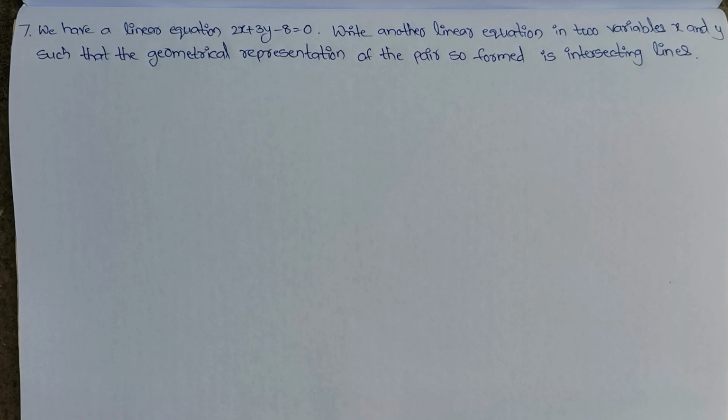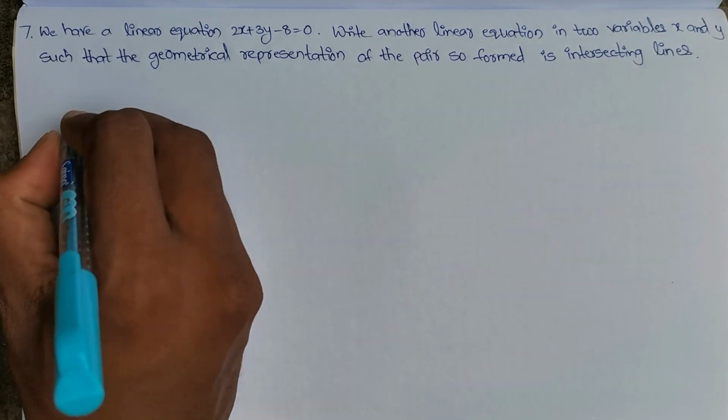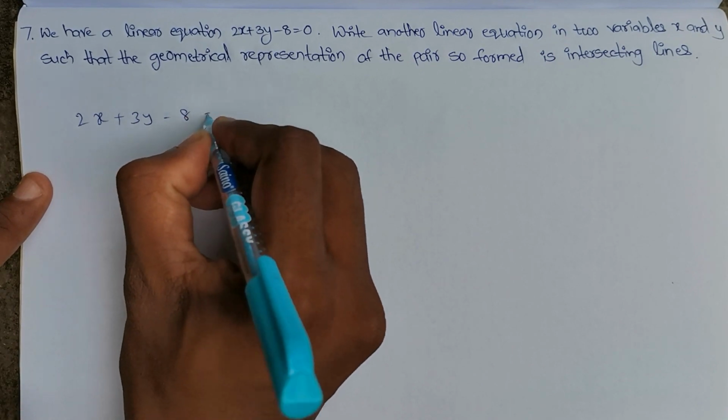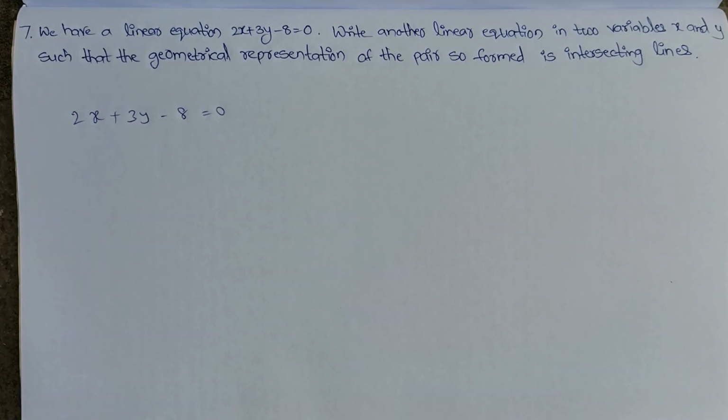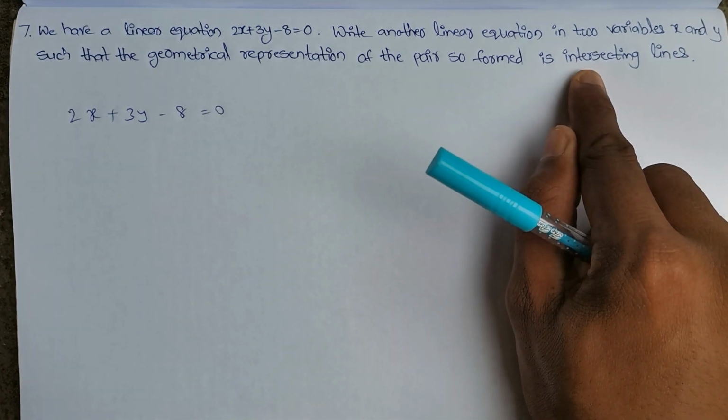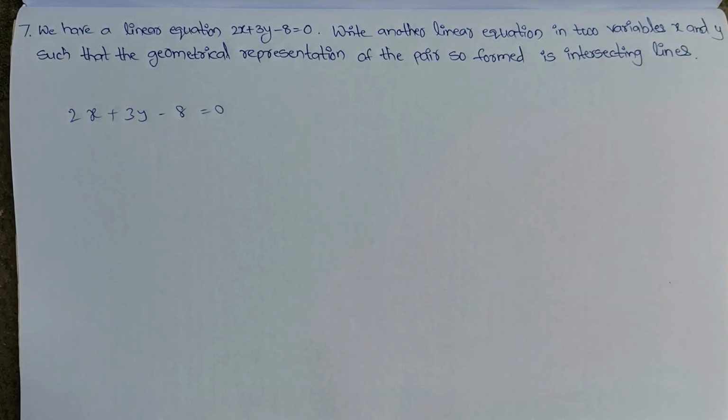He gave one equation 2x plus 3y minus 8 is equal to 0. And he is asking to create one more equation. After writing that equation, these two equations should have intersecting lines. It means one solution.